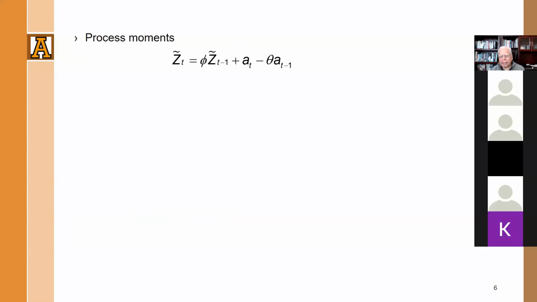Now, which are the moments of this process? Well, we can write down Z tilde_t as phi Z_{t-1} plus A_t minus theta A_{t-1}. Okay, so all I did is, instead of writing (1 minus phi B) Z_t equal to (1 minus theta B) A_t, I just left Z_t on one side of the equation.